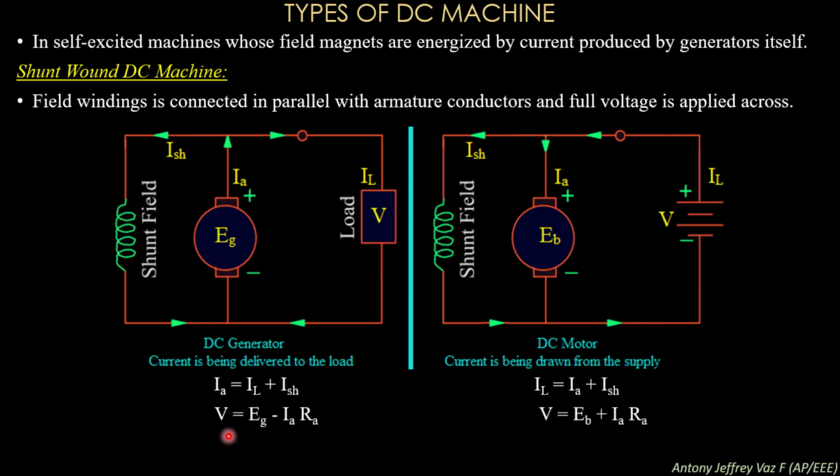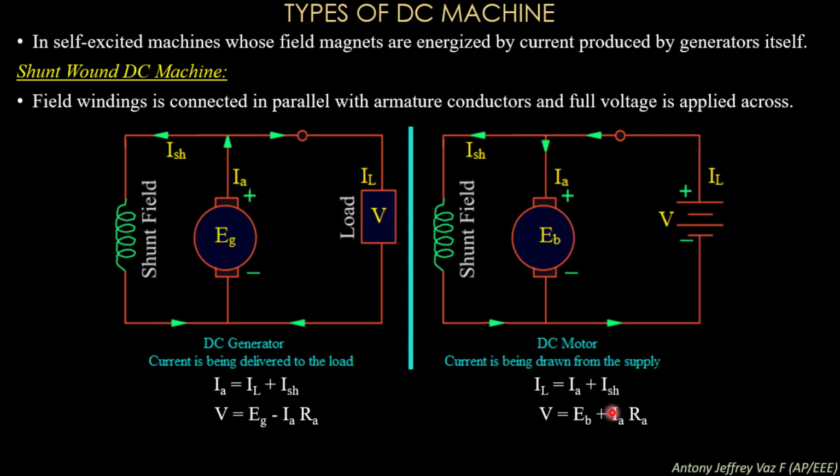Whereas in terms of voltage equations, the terminal voltage V will be equivalent to EG minus IaRa, because the generated EMF EG is more, whereas the ohmic drop should be subtracted from the generated EMF. You will get the terminal voltage V across the load.